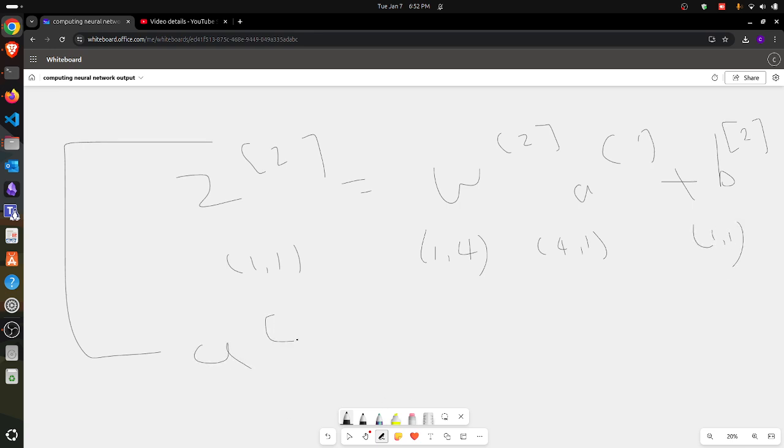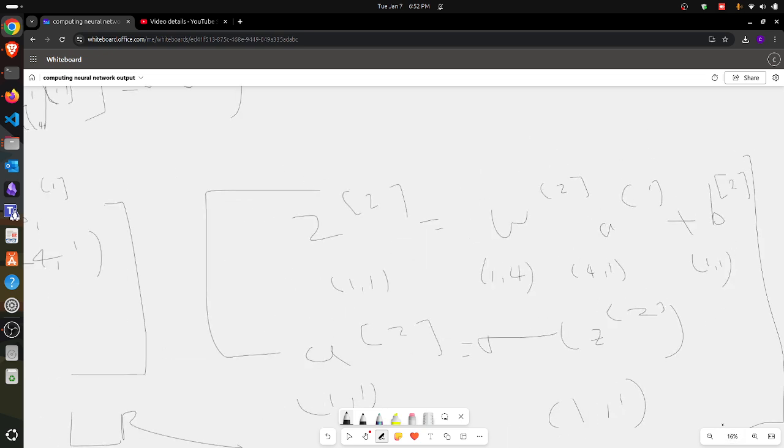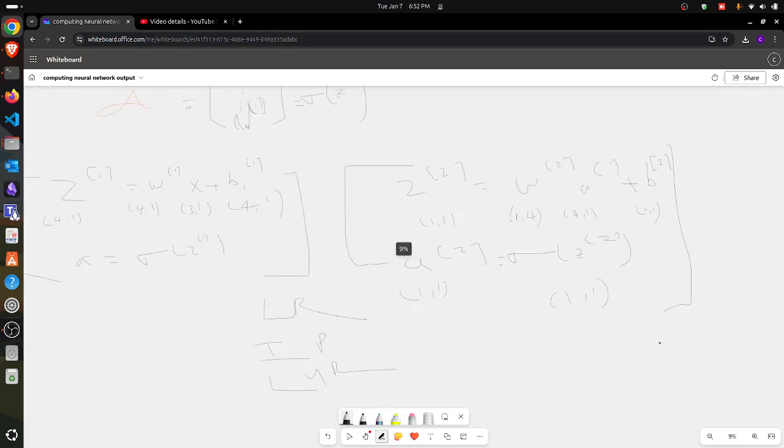And we are going to have the second layer here. The dimensions will be 1 by 1, and our sigmoid, and Z second layer, and our dimensions will be looking like this.